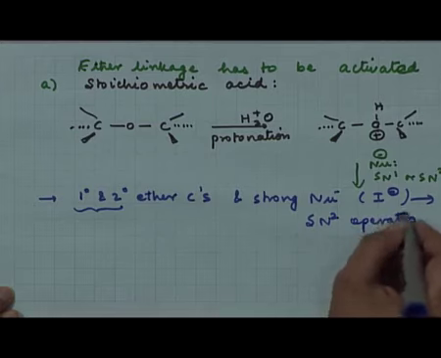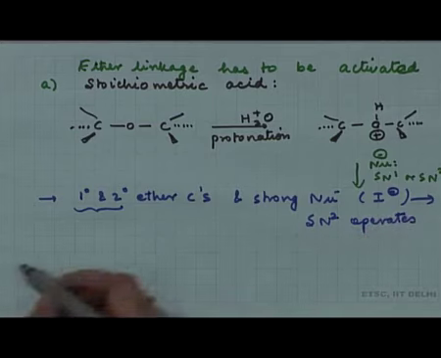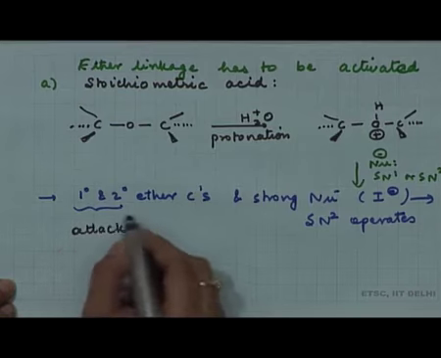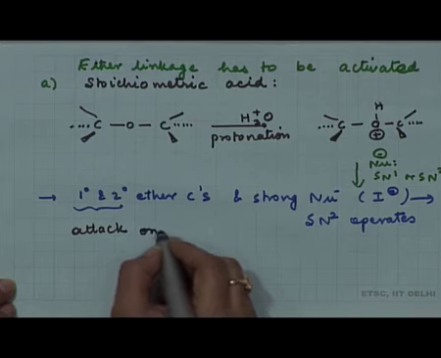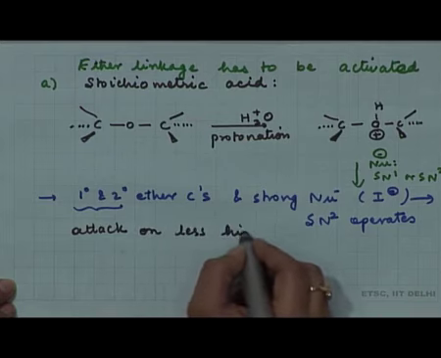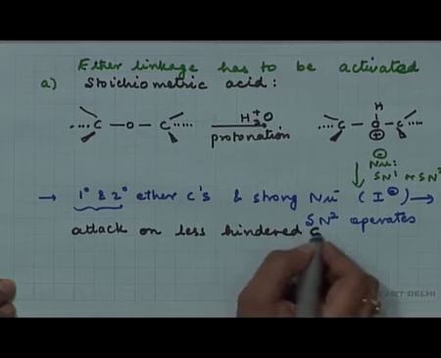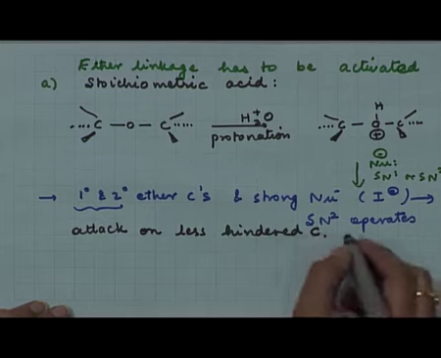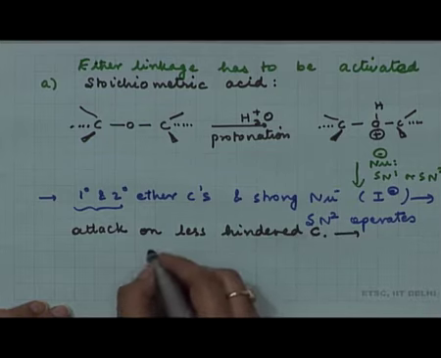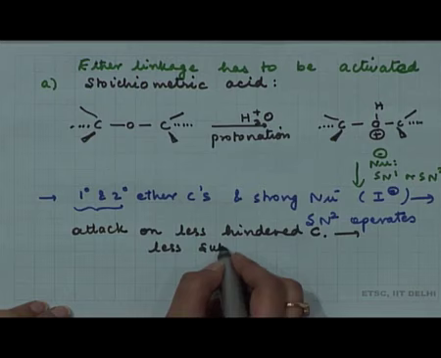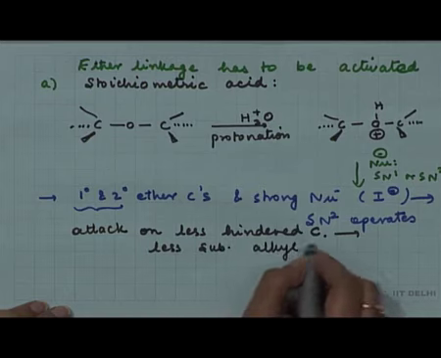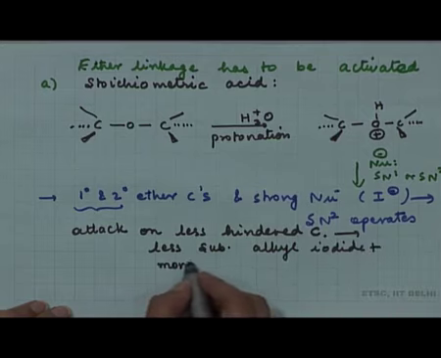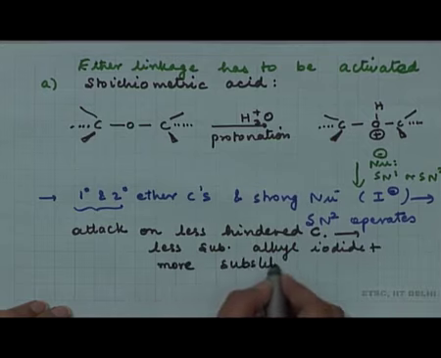The nucleophile is going to attack the less hindered carbon, as is the typical characteristic of an SN2 reaction, and you get a less substituted alkyl iodide and a more substituted alcohol.